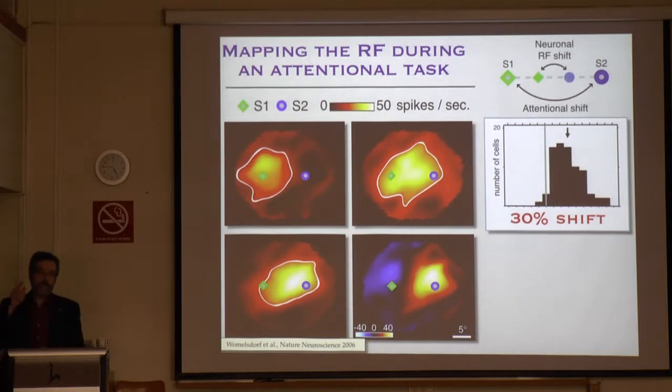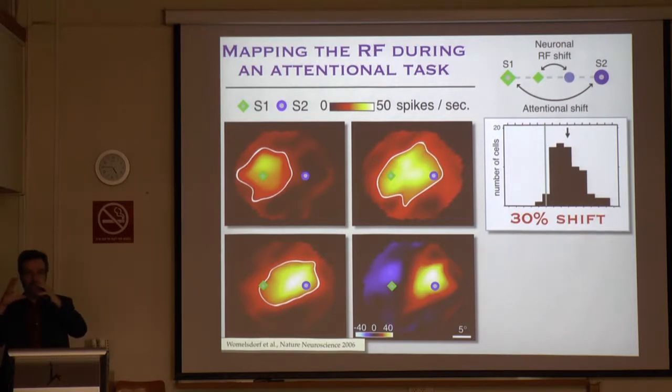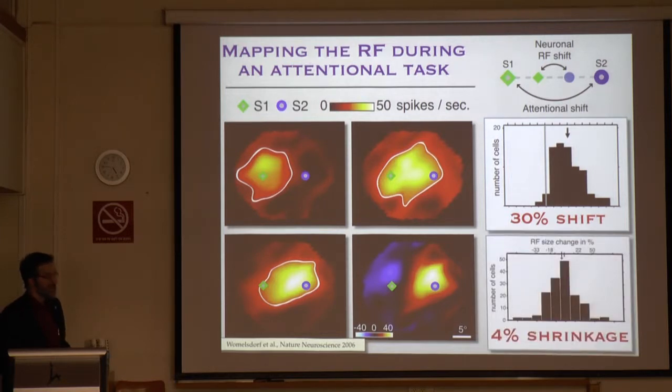Now, if you remember the Desimone hypothesis, it was twofold. It was focus on the location of attention, but also shrink the receptive field to focus at that location. This one is the shift. We can, of course, also measure the shrinkage by comparing this size versus this, or this size versus this. And there is an effect in our data. It's significant, but it's very small.